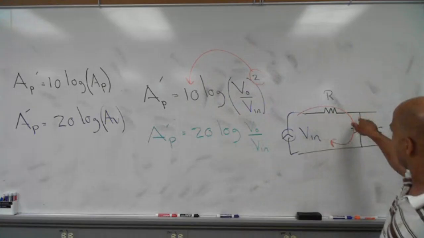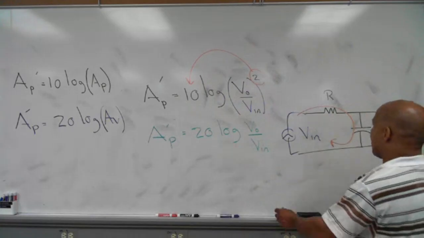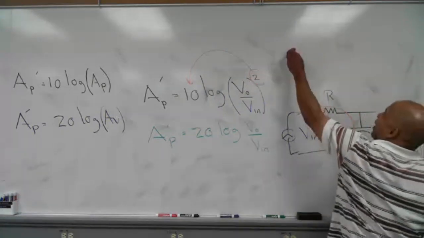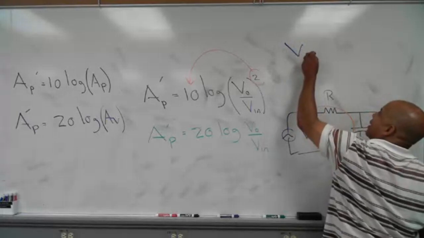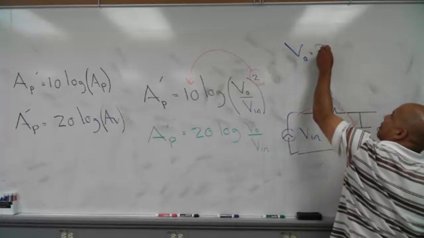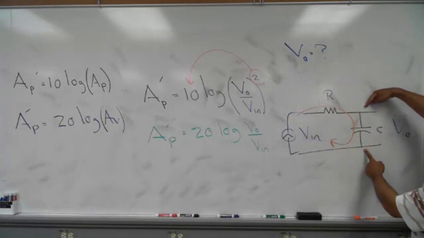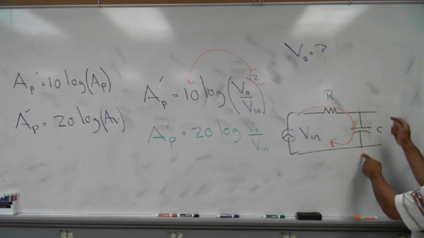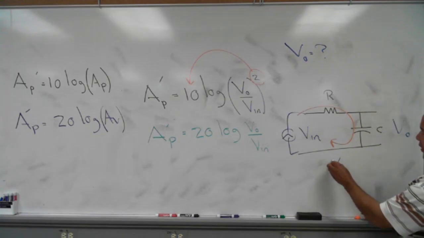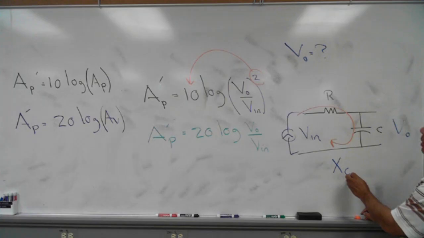Now I'm looking at my diagram here and saying, all right, how would I get V out? Well, V out is the voltage across the capacitor. So V out is the voltage across XC, right?